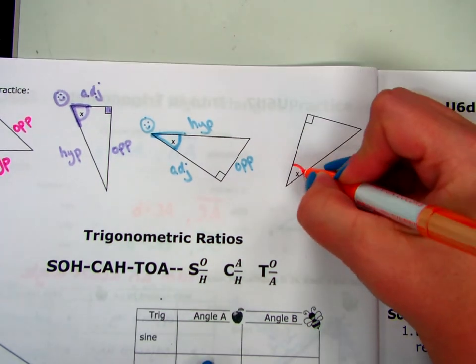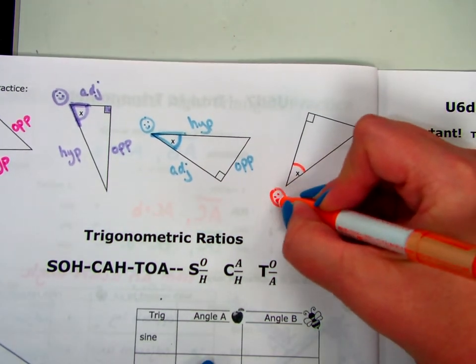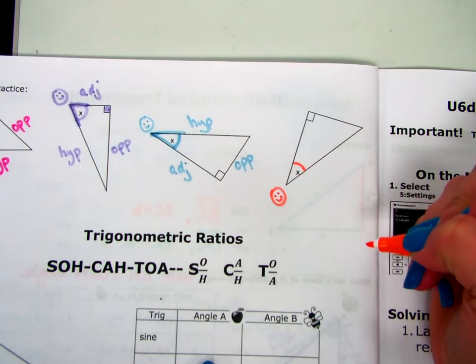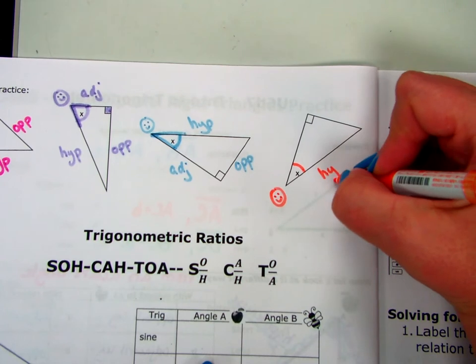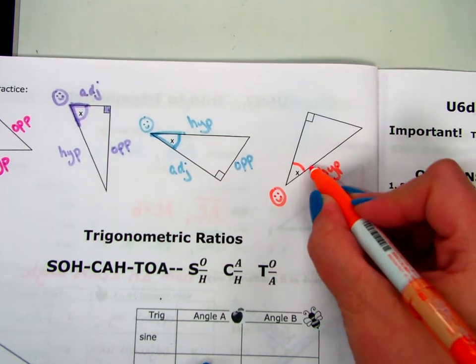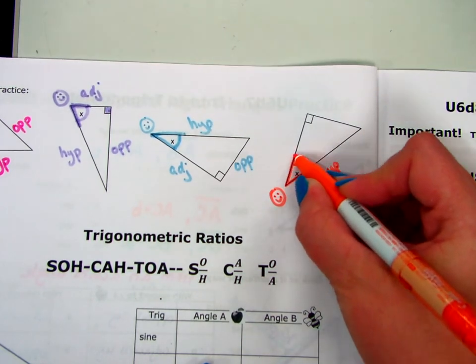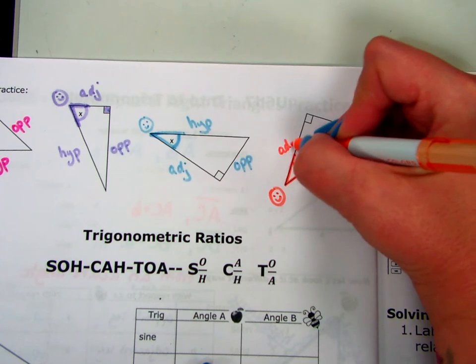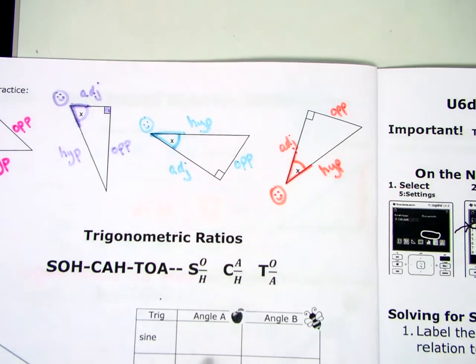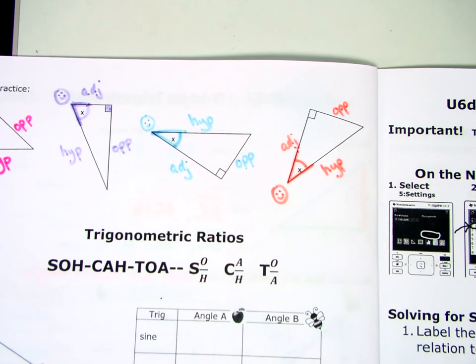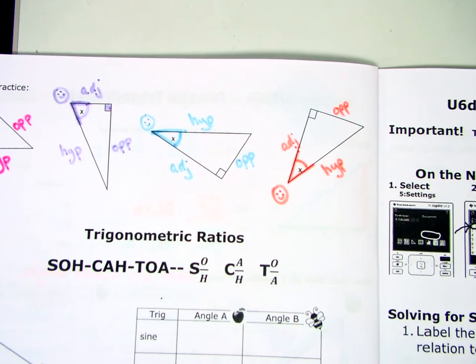And then this last one here. Here's my X, so here's my smiley face. Which one is my hypotenuse? The bottom. Which one's the adjacent? The left. So then we're yelling across to the opposite side of the triangle.